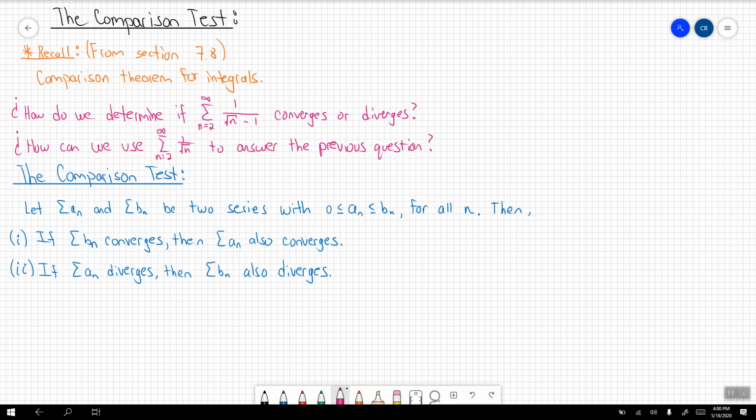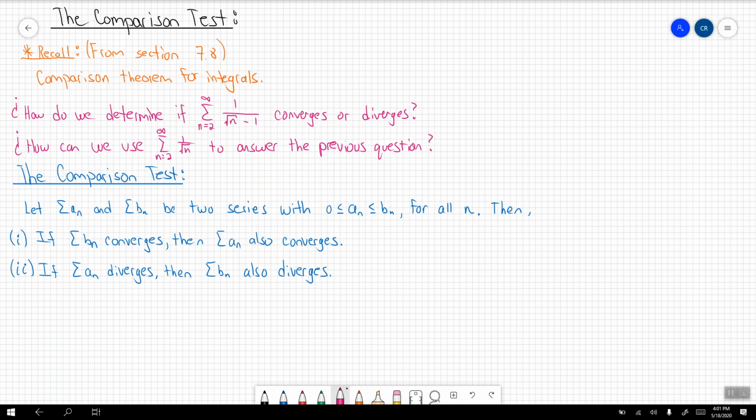And we're going to give the following conditions here. a sub n is going to be less than or equal to b sub n, and this is going to be for all n. Also, both of these must be greater than 0 for what we're going to be observing. Then, if the series for b sub n, remember b sub n is the function that sits up top, bounding from above, converges, then that must mean the series for a sub n must also converge.